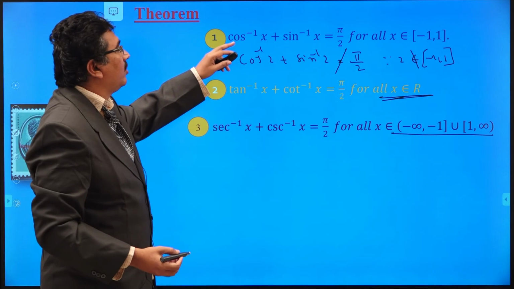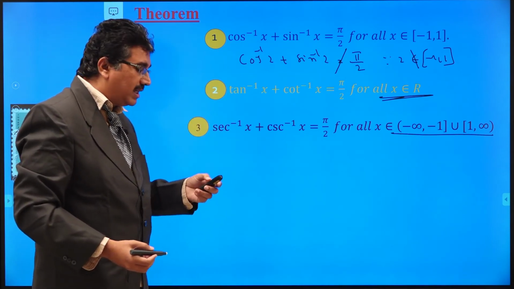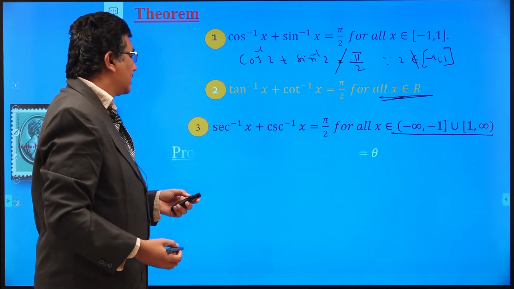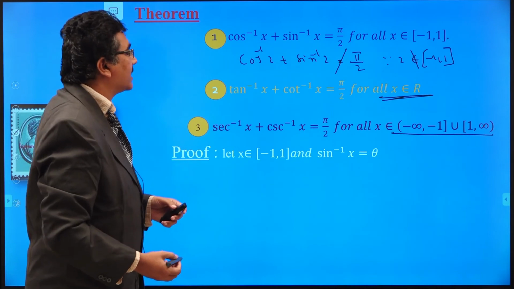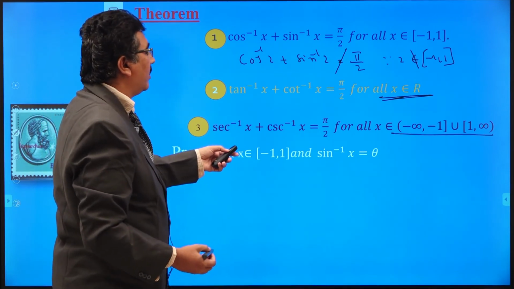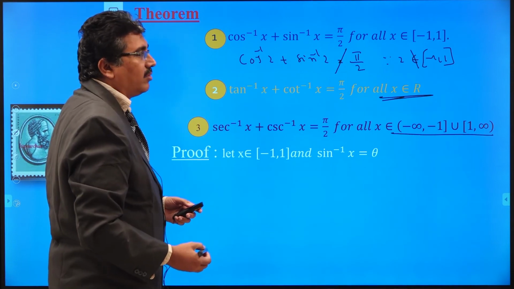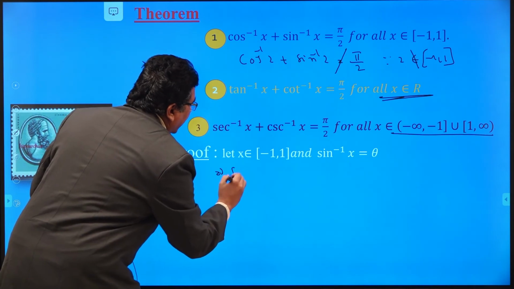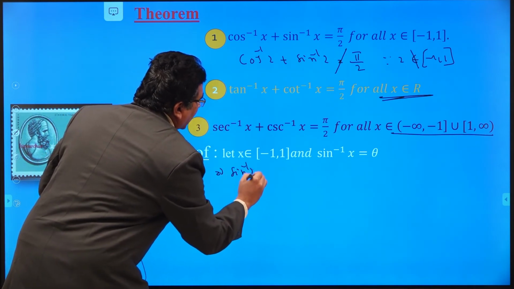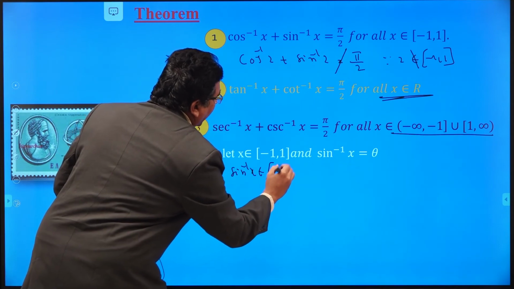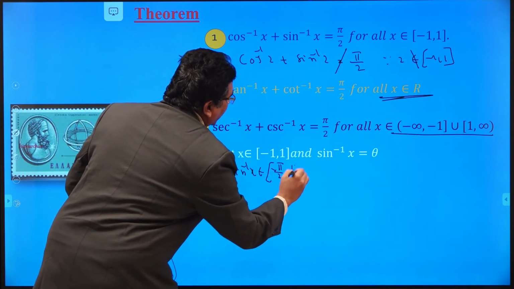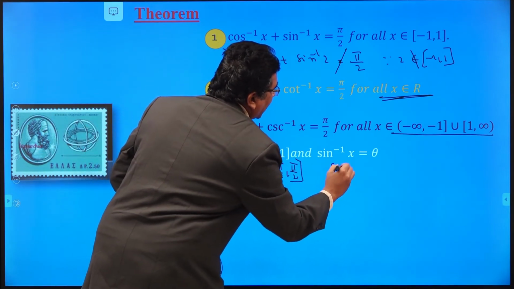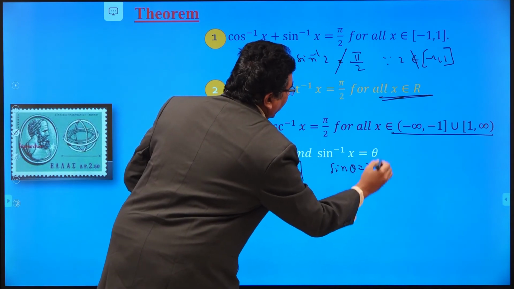How to prove, how to derive that cos inverse x plus sin inverse x is equal to pi by 2? See the proof. Let x belong to the closed interval minus 1 comma 1 and sin inverse x is equal to theta. That implies theta belongs to the closed interval minus pi by 2 comma pi by 2, and sin theta is equal to x.